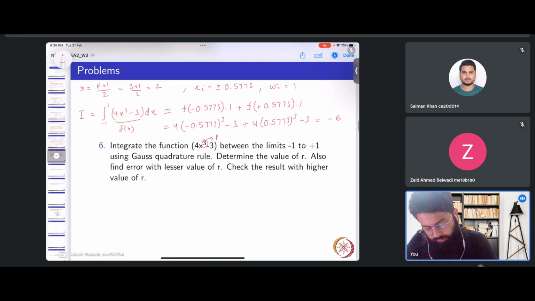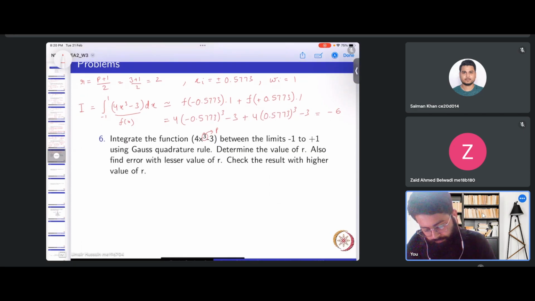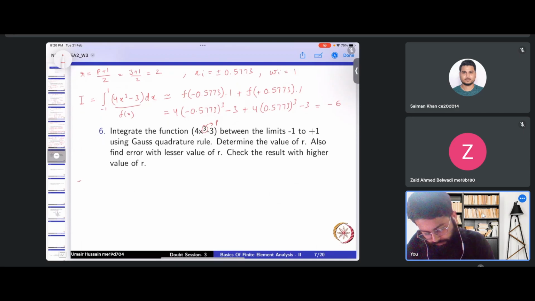We can do one more thing. We can just evaluate this integral manually.